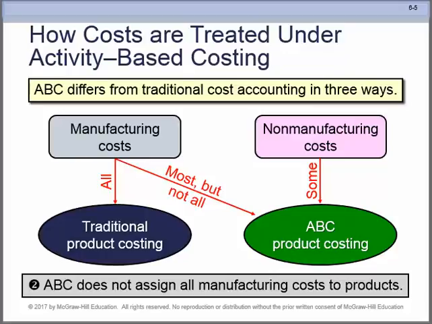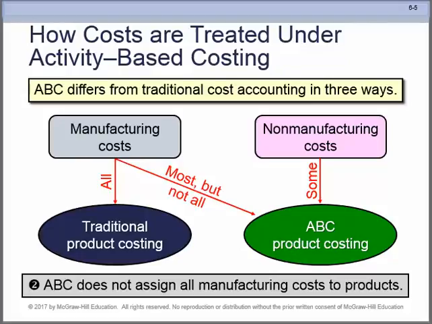So, organization sustaining costs, which we're going to go into in more depth later, and costs of unused or idle capacity, meaning if you're in a manufacturing plant, we don't look at the cost that would be incurred by not manufacturing. This is activity based. Keep that in mind.